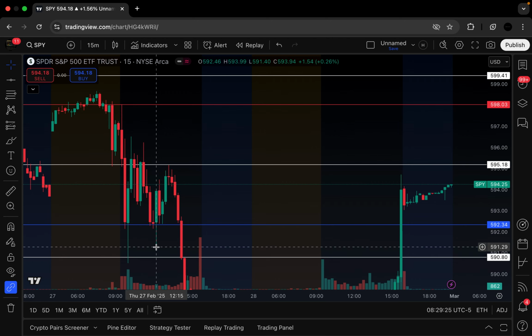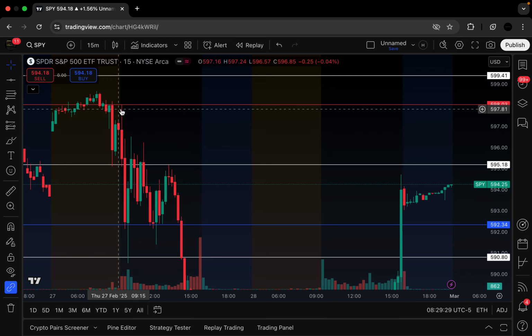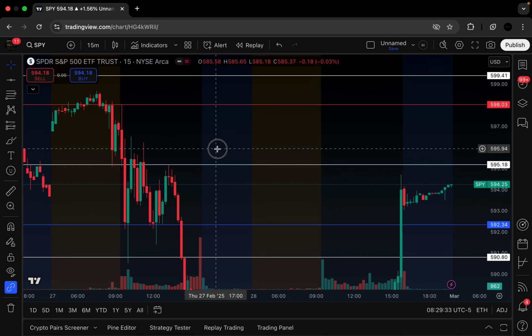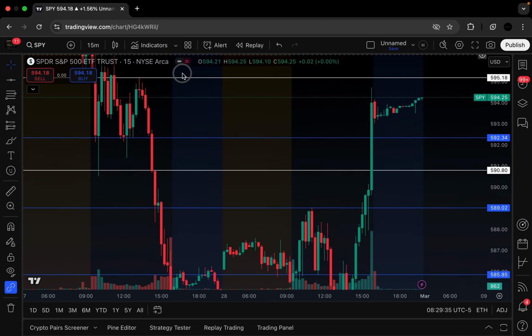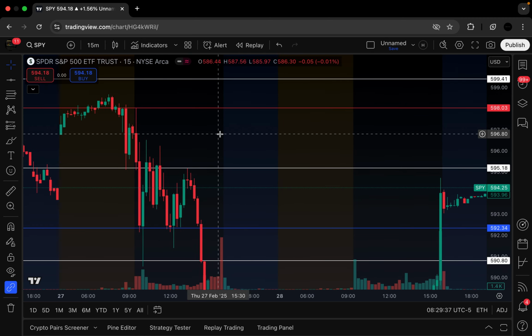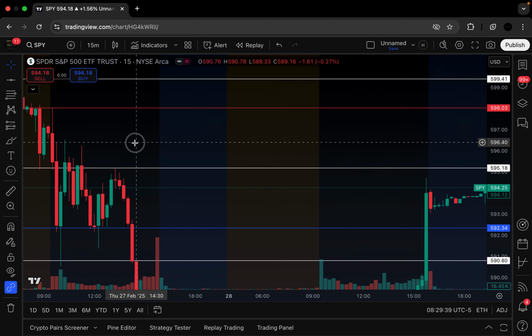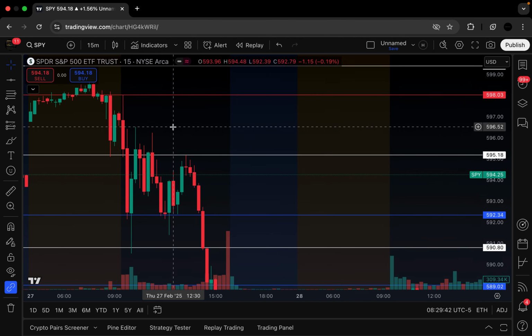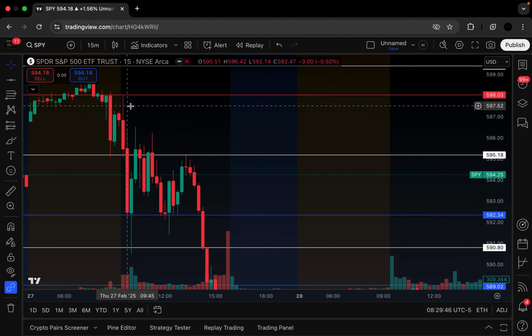But let's say I want a confirmation. The way I like to play it is I would wait for this whole move to happen, which we caught actually. When was this? Yeah, this was Thursday. I think we caught a big play here, but I forgot. This week was crazy. But I think we rejected over here, and I wanted to take puts, but it was literally 5, 10 minutes into the market.